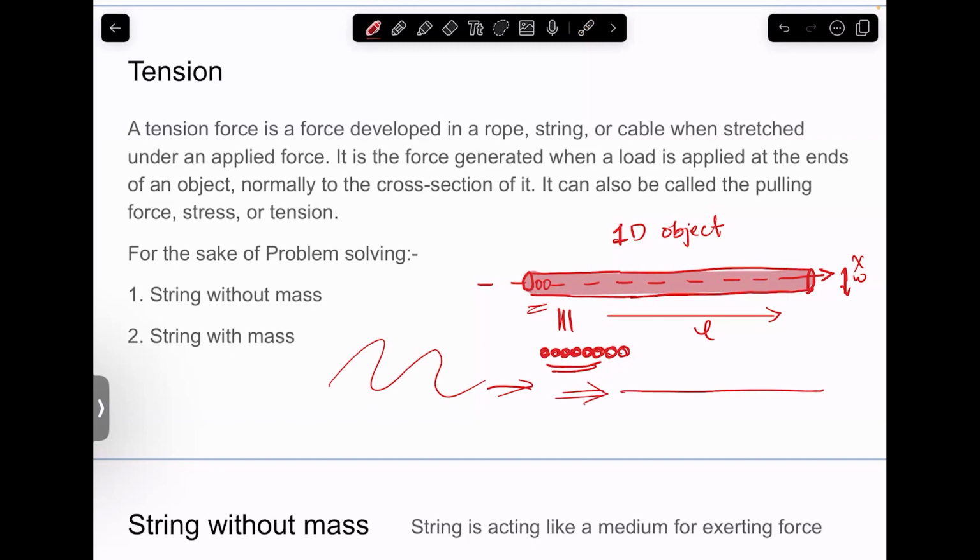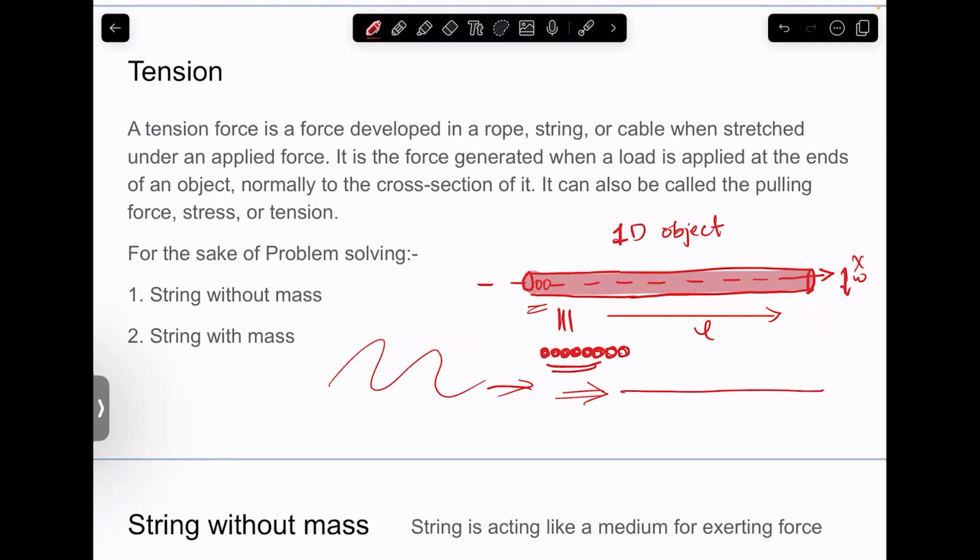So it is a kind of stretching. Tension is the force which enables a rope or chain or such structure to stretch out to be in a straight line. So that is tension.